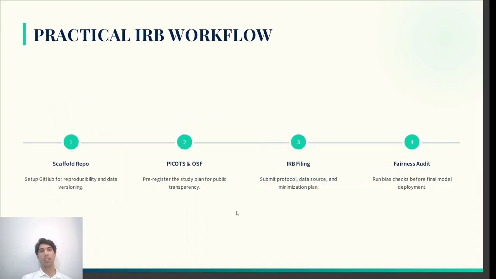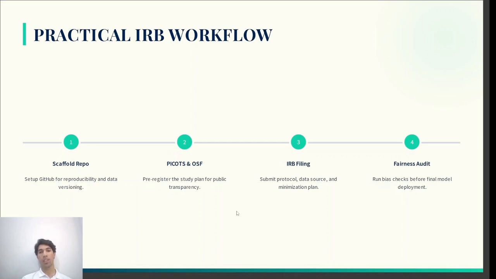So after looking into all these steps, this should be our practical IRB workflow. First of all, we set up a GitHub repository for reproducibility and data versioning. So this is the first step. And then we pre-register our study plan for public transparency on OSF.